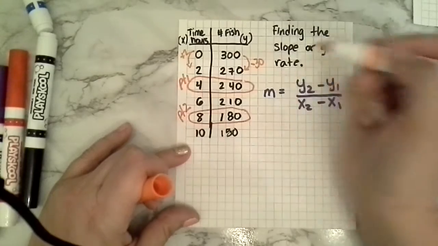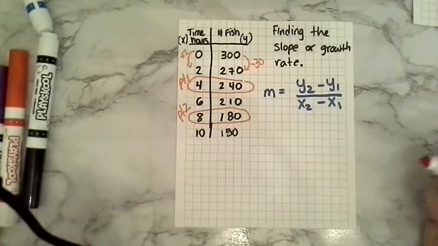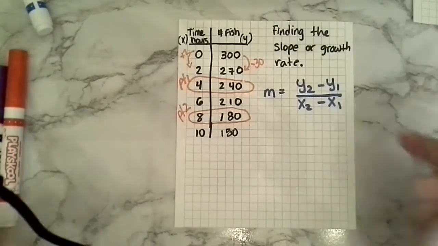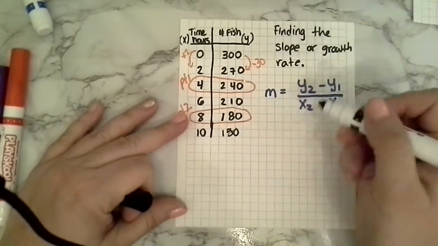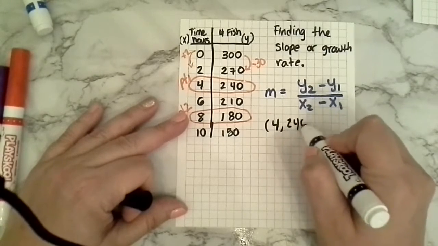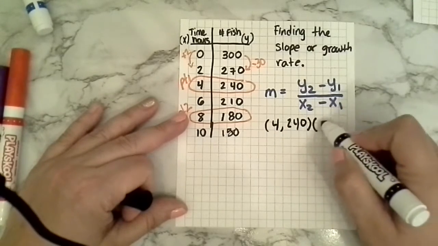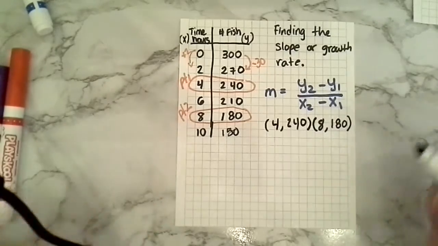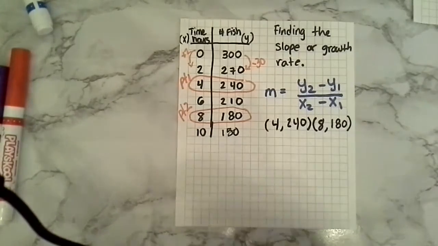Point 2. I'm going to go ahead and rewrite those 2 points on the side. And then I'm going to label them.